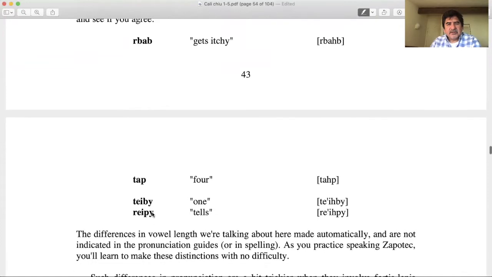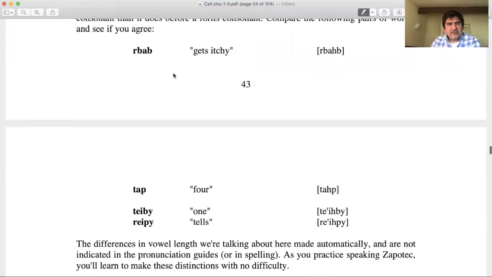Then we have again the PY and the PY, and here's the pronunciation: baby, baby. One more time, I'm going to start from the top, going down, so you can hear the contrast on this consonant: rbab, tap.